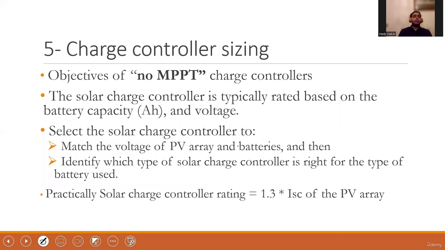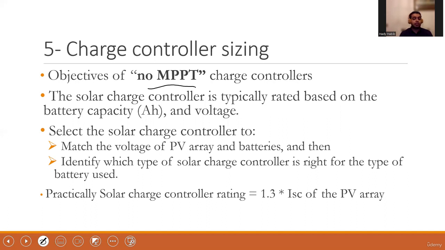The final equipment that we are going to size now is the charge controller. There are 2 types of charge controllers, in fact. The charge controller which does not have the option of maximum power point tracking, so it does not track the maximum power, we size in an easy way.